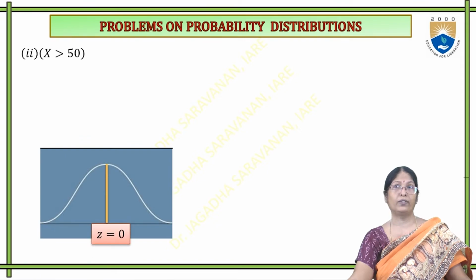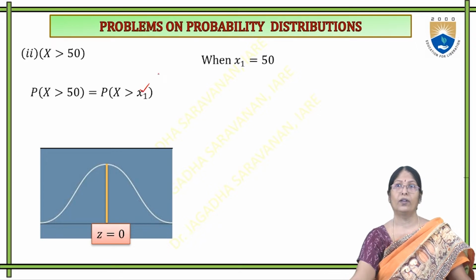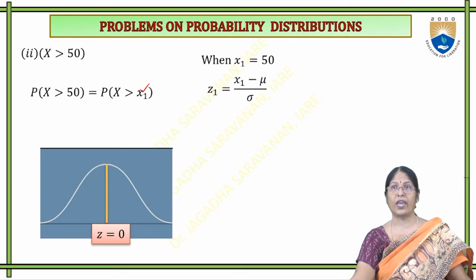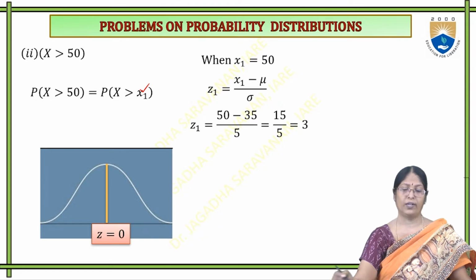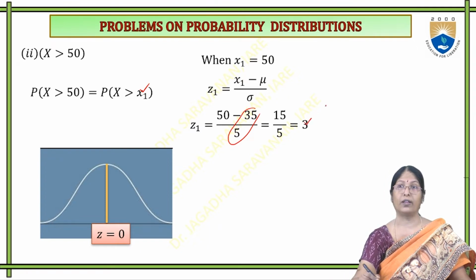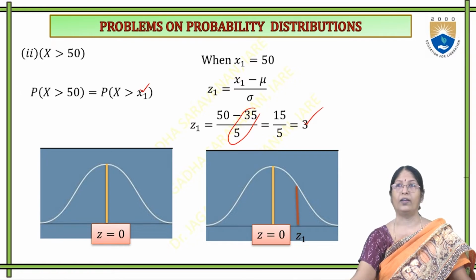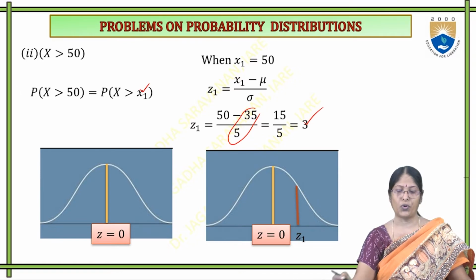So the final one is this normal distribution problem: X is greater than 50. In a similar way, we named 50 as x1. When x1 equals 50, in the scale (x1 minus mu) by sigma, we substituted mu and sigma and obtained the result plus 3. If it is plus 3, we know very well that it should be placed on the right hand side, and the vertical line is drawn from z1.